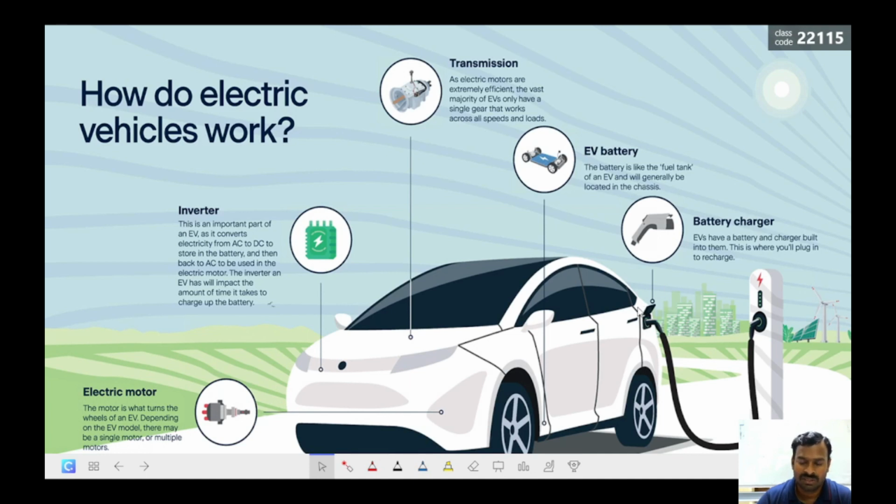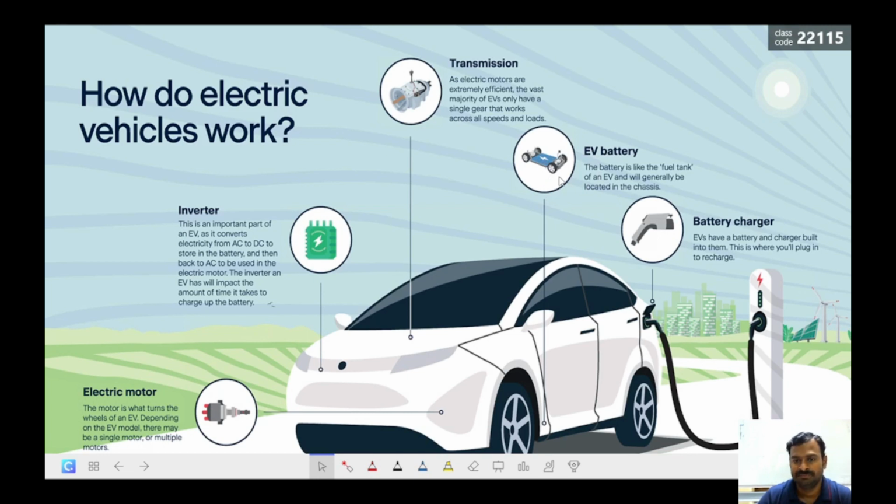All this work is done by the power electronic charge controller, or the charging unit, which is called a battery charger. Once it is regulated, and the voltage level is stepped up or stepped down, it goes to the battery, where the electrical energy is stored.